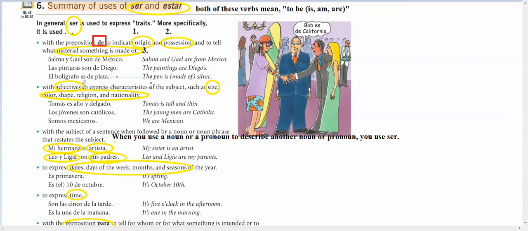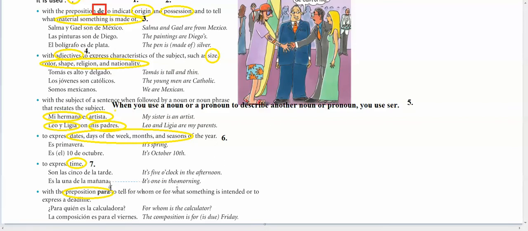So this would be 4, then this would be 5, and this would be 6, and this would be 7, and then this would be 8.